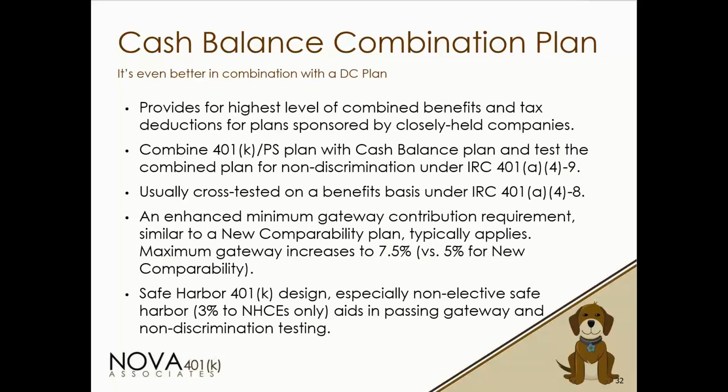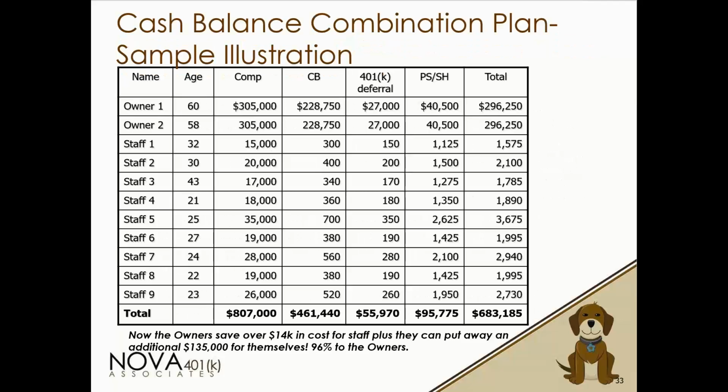What I briefly mentioned, cross testing, means we can test these on a benefits basis. In our example here, we have a bunch of staff who are in their 20s, and we have owners who are in their 60s. Did we cherry pick the best possible group for this sample?